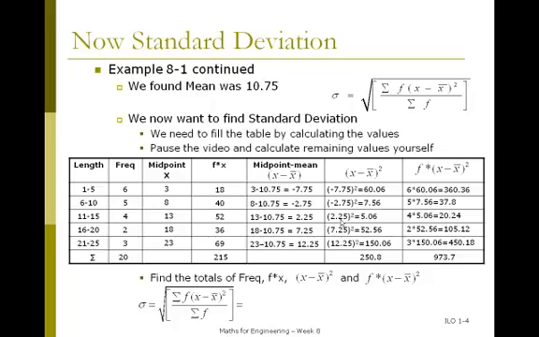We also knew from before that the sum of the frequencies was 20. So that gives us the square root of 973.7 over 20, which works out to be the square root of 48.69, gives us an answer of 6.98 for the standard deviation.